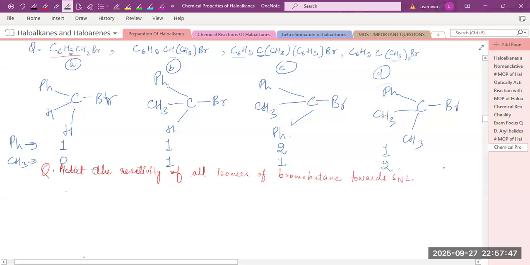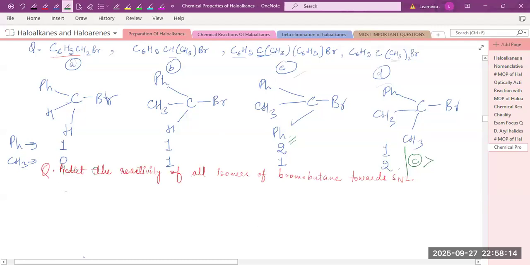So which one is most reactive? What will be the order? You can see the third one, C, because it has two phenyl rings. This phenyl is nothing but a benzene over here, right? Two benzene rings over here will increase the reactivity of compound C. So first in the order will be C. After C, now check it.